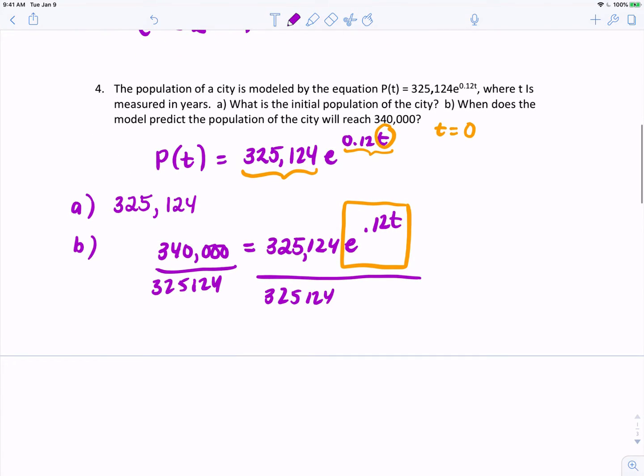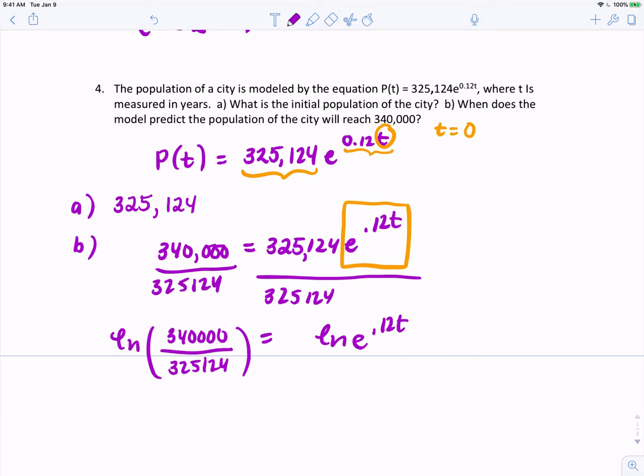That'll give us the base by itself, and then we'll take the natural log of each side. So the natural log of this fraction is equal to the natural log of e to the 0.12t. The reason we did that is so that we can bring this power down.